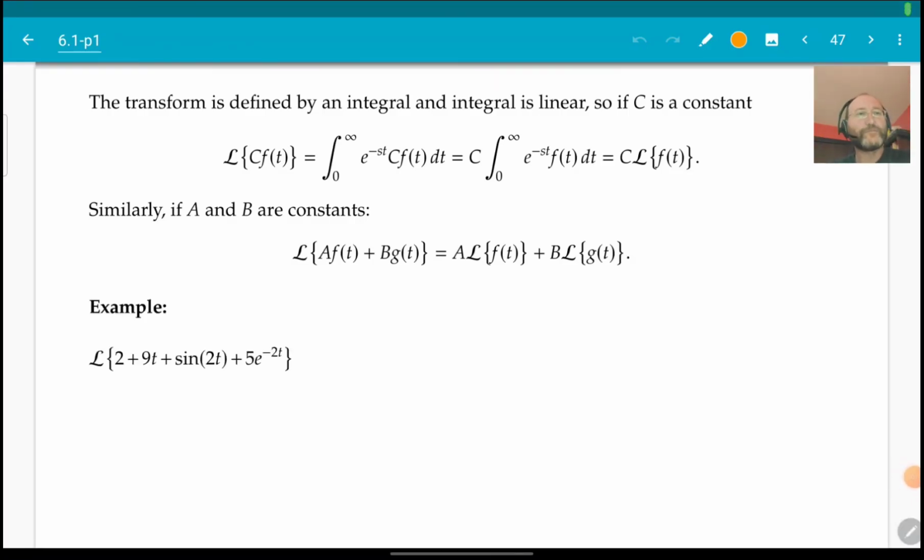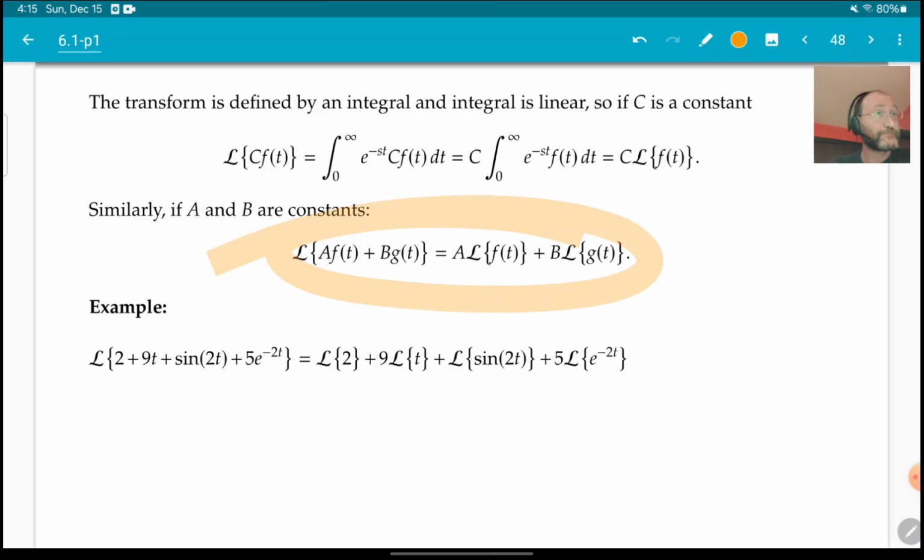So, for example, if I have the Laplace transform of 2 plus 9t plus sine of 2t plus 5 e to the minus 2t, then I could use this expression, so linearity, to write it like this.